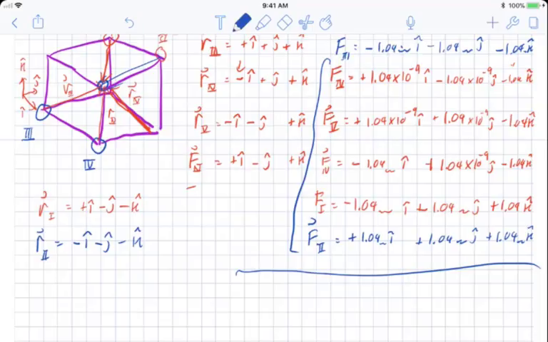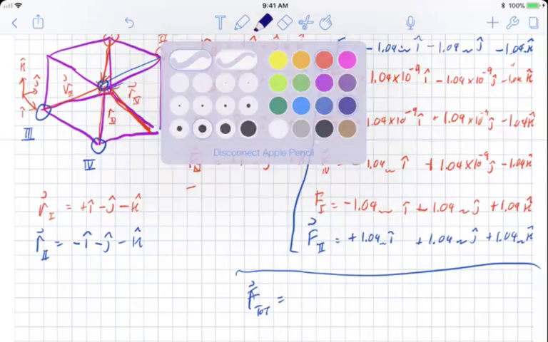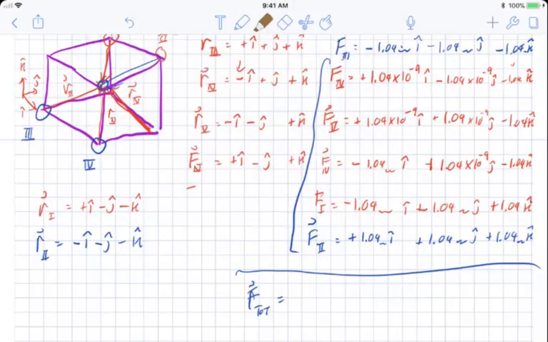Why? Because some stuff is going to cancel. I'll do my cancellation with this brown felt pen. So this one and this one cancel out. This one and this one cancel out. And this one and this one cancel out. Good. So there's no I hat term.